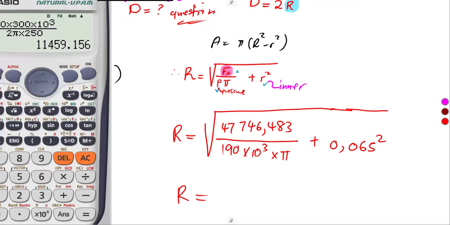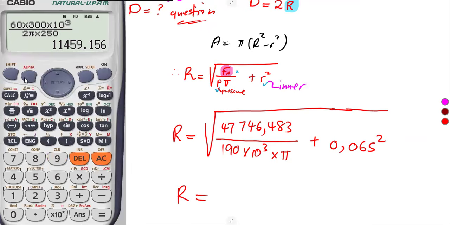Let me just show you. The square root, then put a fraction there because we've got a fraction here. So that's 47,746.483, everything over 190 times 10 to the exponent of 3.